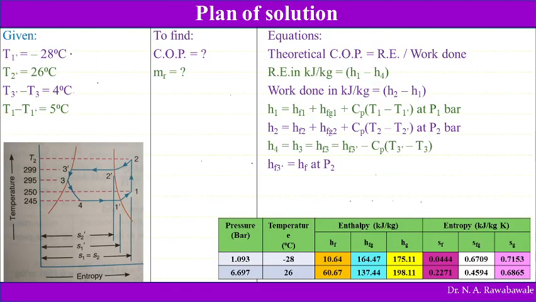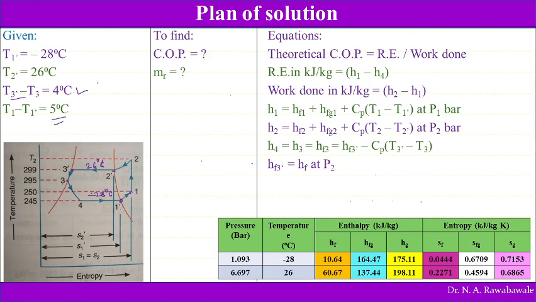So here the temperature at point 1 dash is minus 28 degrees Celsius, and the temperature at 2 dash, between 3 dash and 2 dash, is 26 degrees Celsius, whereas the temperature difference between T3 dash and T3 is 4 degrees Celsius, and the superheating is 5 degrees Celsius, meaning T1 minus T1 dash is 5 degrees Celsius.